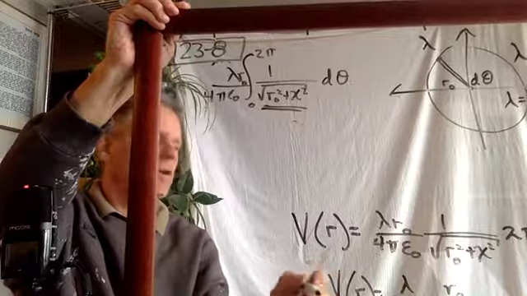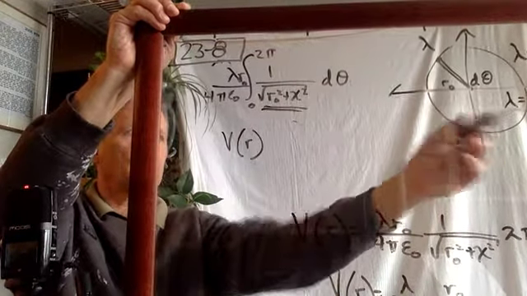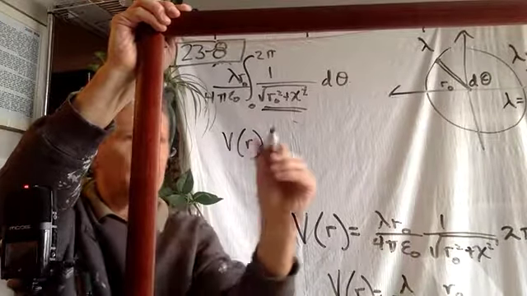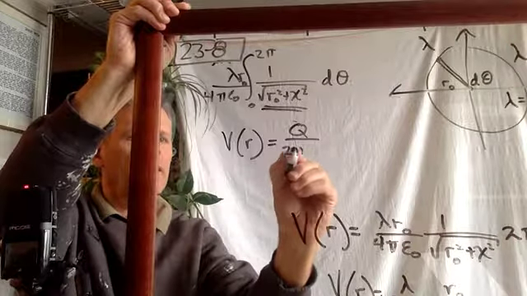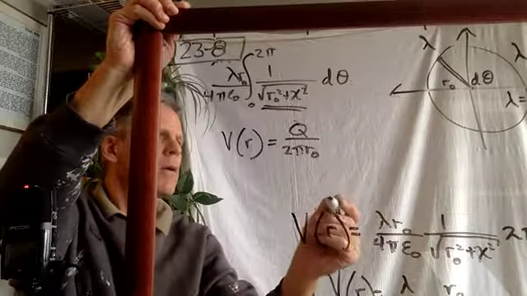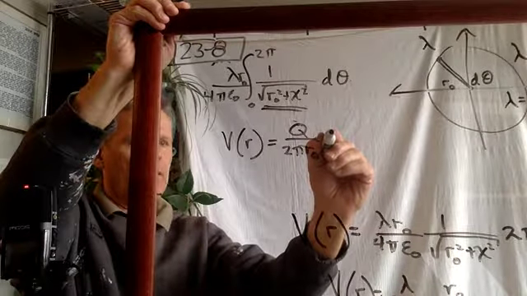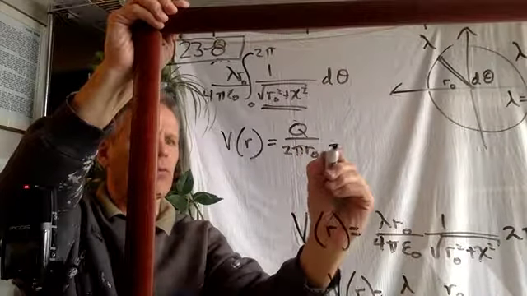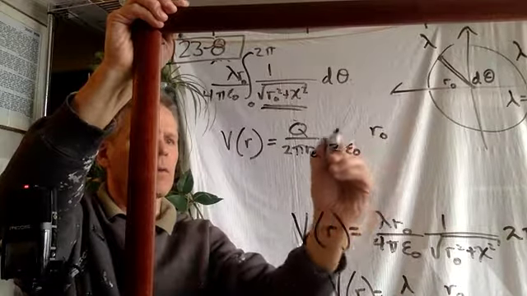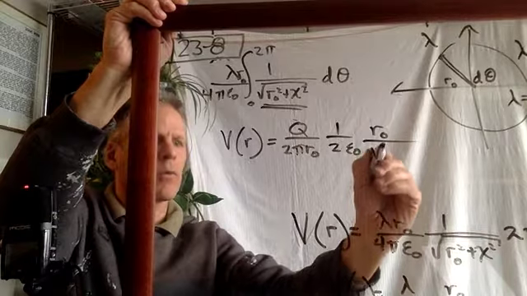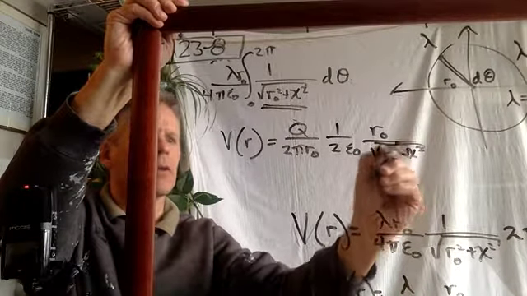I'm going to go ahead and get rid of this term here. So we now have V of R, and all I'm going to do is substitute in this expression for lambda. Lambda is Q over 2 pi R0, and I have 2 epsilon 0 here, I have an R0 over square root R0 squared plus X squared. There we go. Now we're looking good.